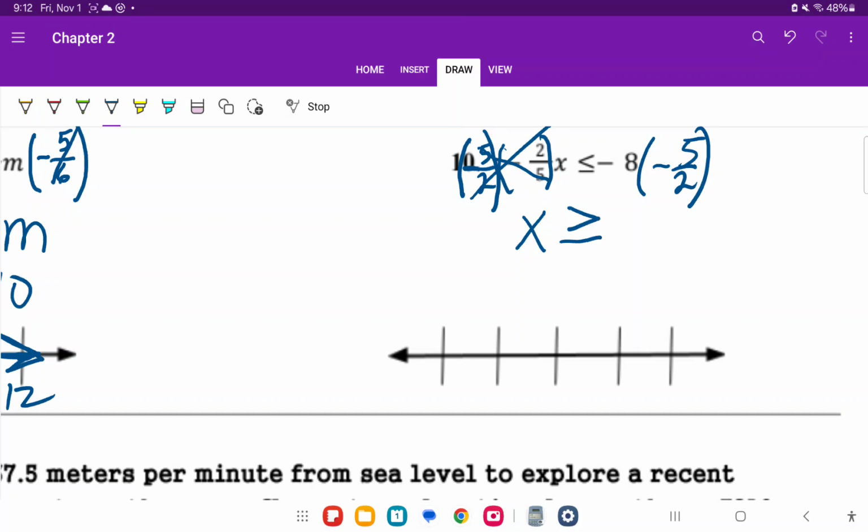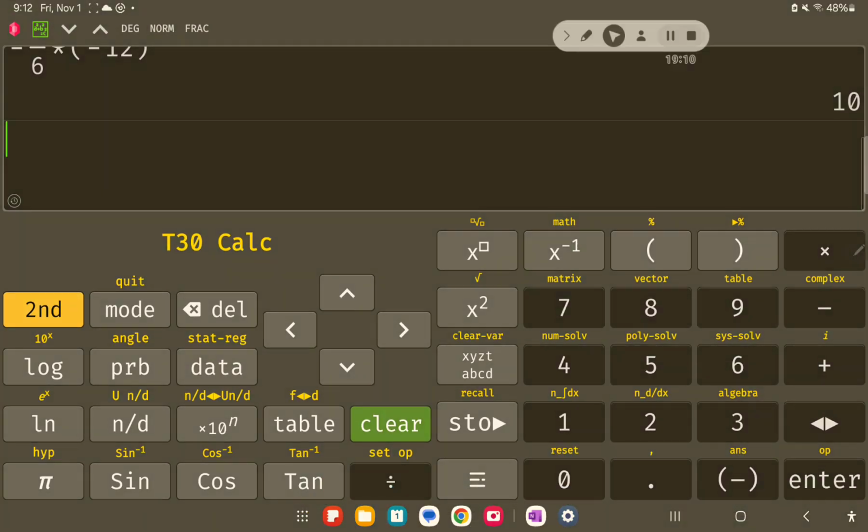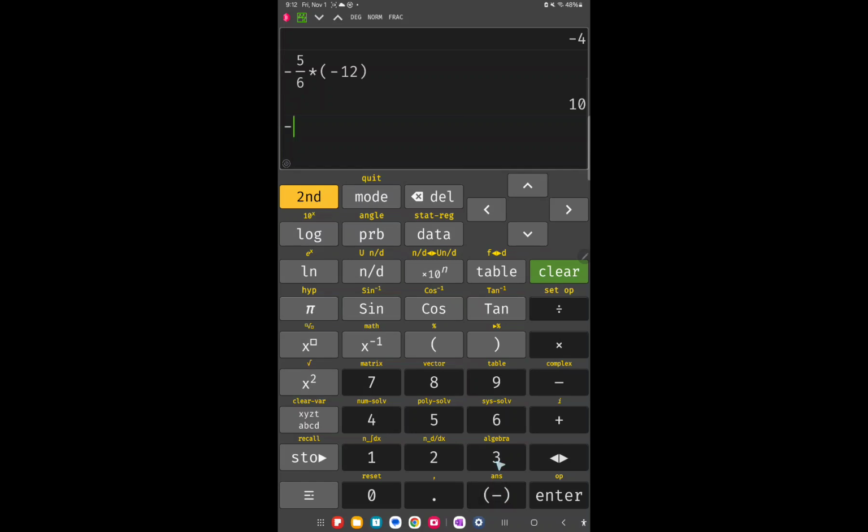And then negative 8 times negative 5 over 2. Negative 8 times negative 5 over 2. That is going to be 20.